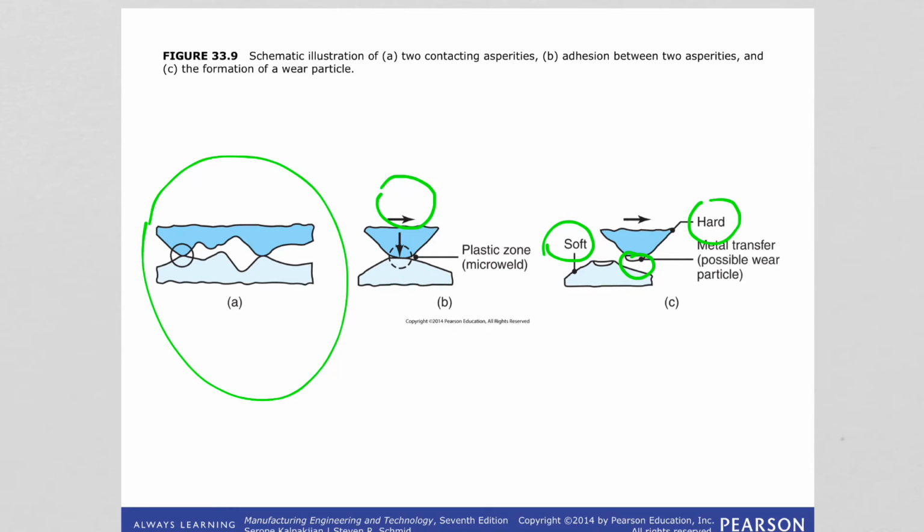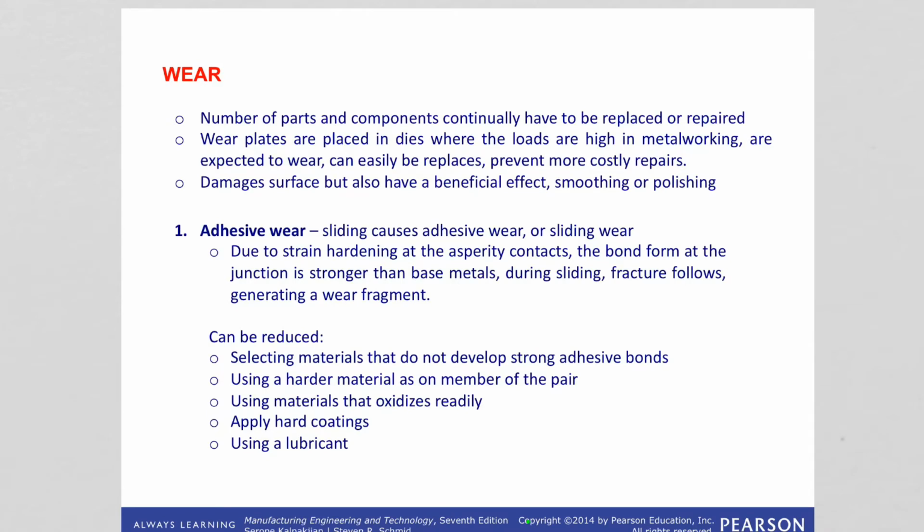This attached wear particle eventually becomes detached during further rubbing at the interface and develops into a loose wear particle. In more severe conditions, like high normal loads or strongly bonded asperities and clean surfaces, this is called severe wear.